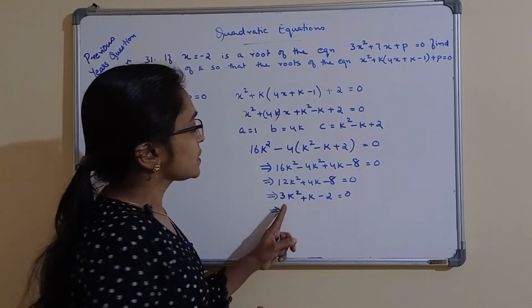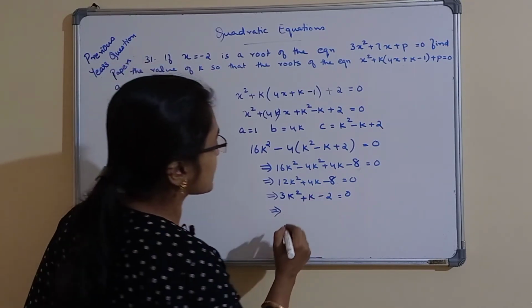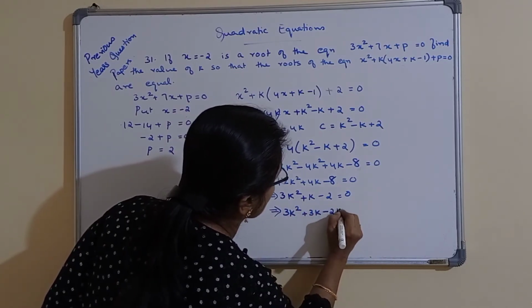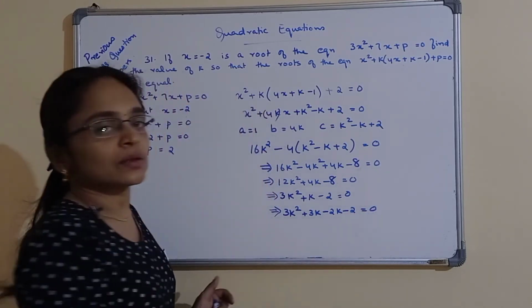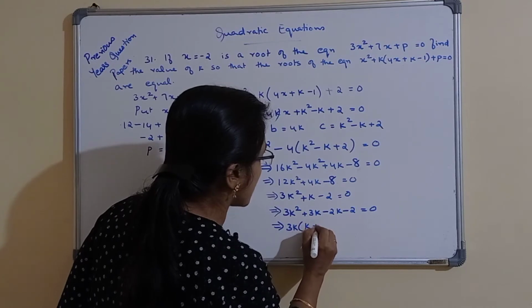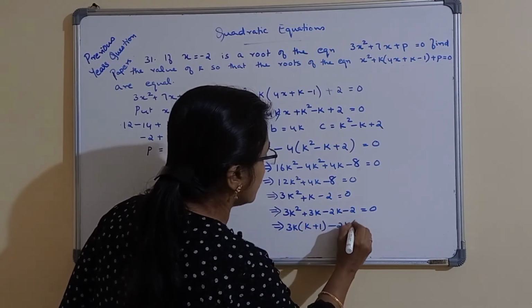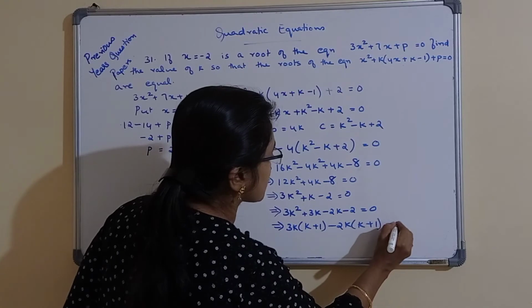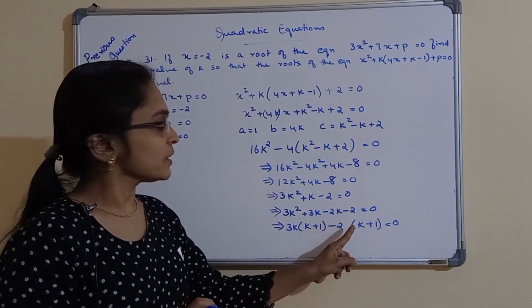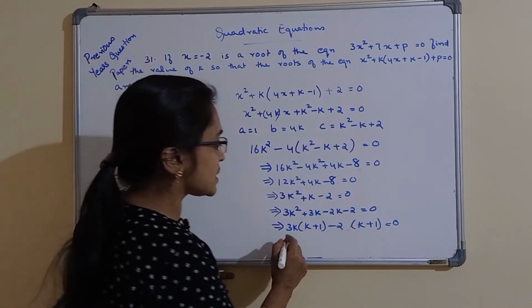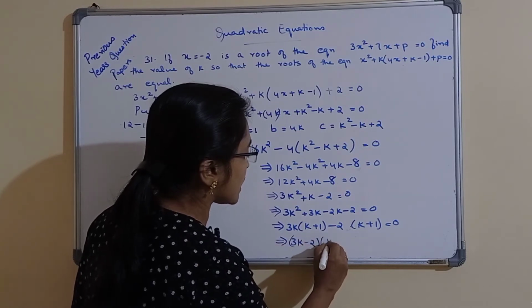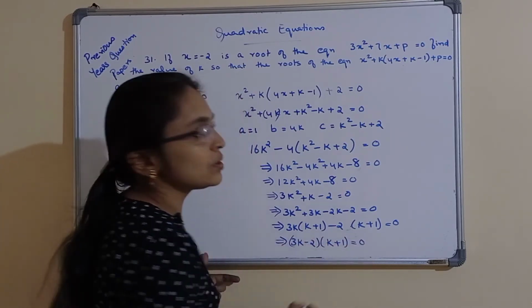Now 3k square plus k minus 2 can be written as 3k square plus 3k minus 2k minus 2 is equal to 0. So this implies 3k into k plus 1 minus 2 into k plus 1 is equal to 0. If we take k plus 1 common, we will have 3k minus 2 into k plus 1 is equal to 0.